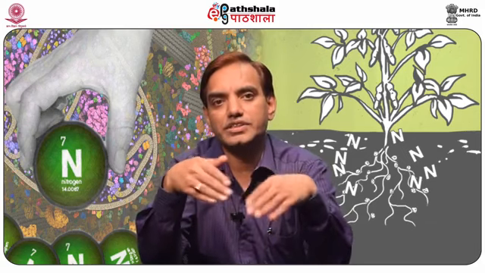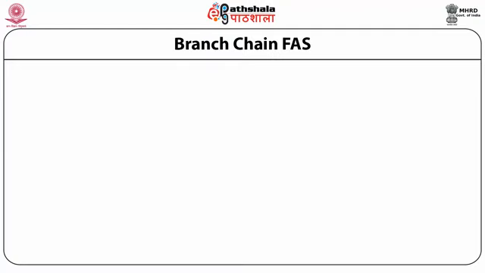And this optimal concentration is close to 20 micromolar. In Bacillus species, a decrease in temperature also tends to move the fatty acid distribution towards 17 carbon fatty acids.